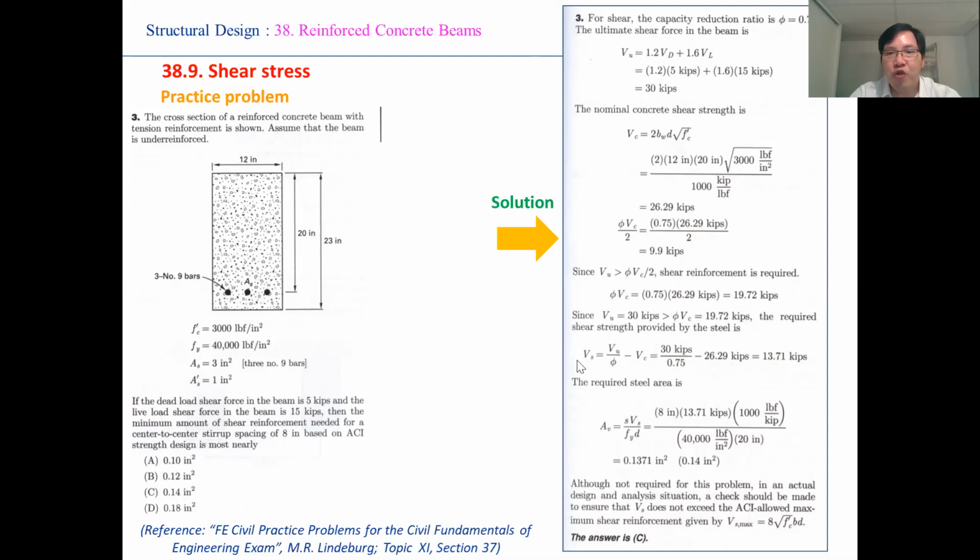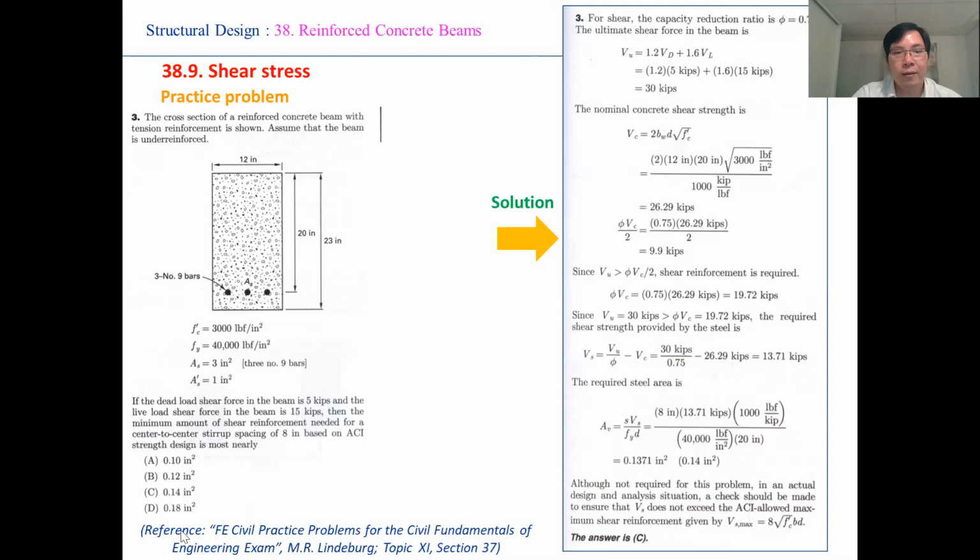the required shear strength provided by steel is calculated by Vs, and after from Vs you can calculate the required steel area Av by this equation, and after you can compare the final result with the options given in the beginning.